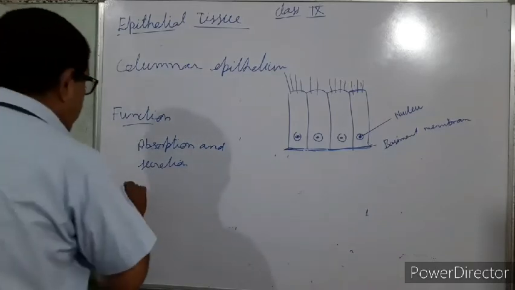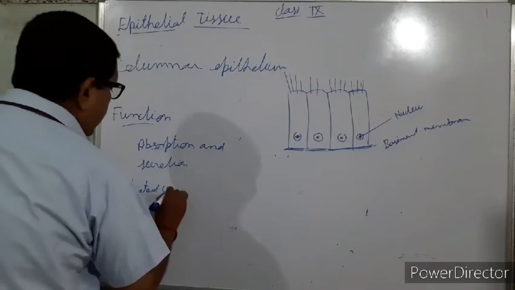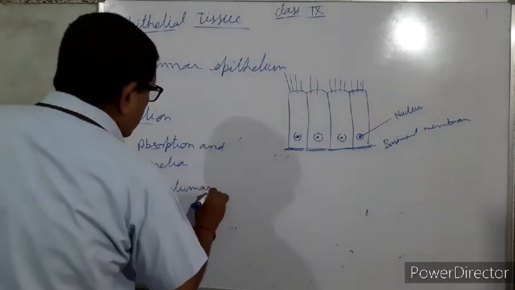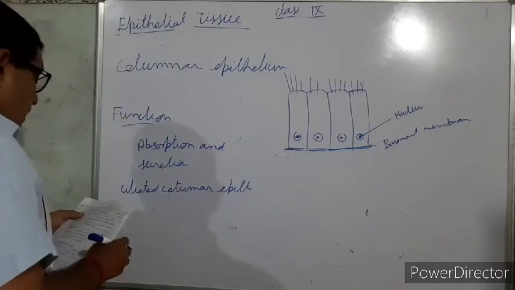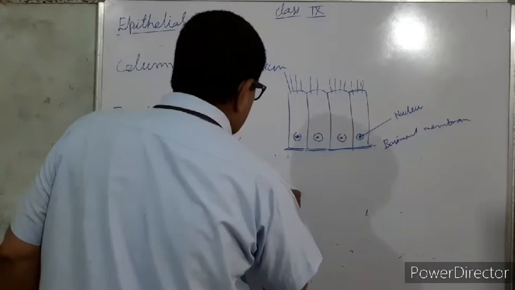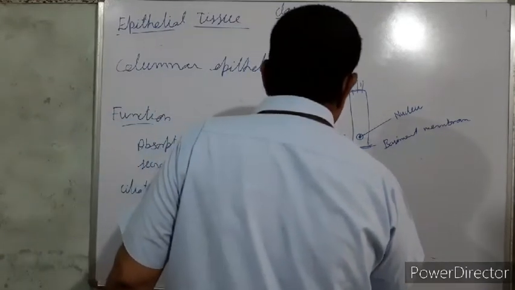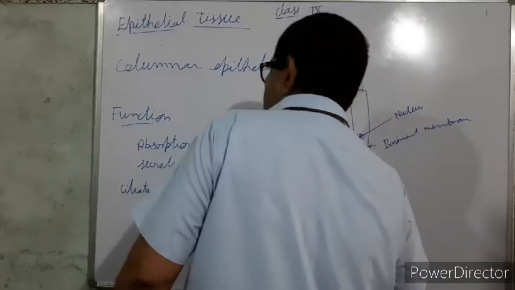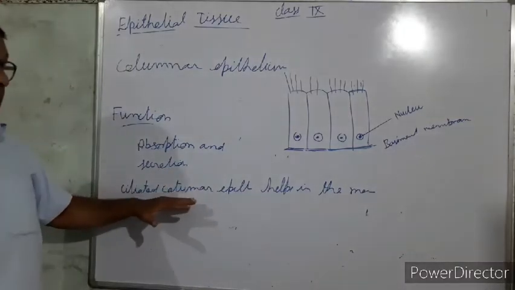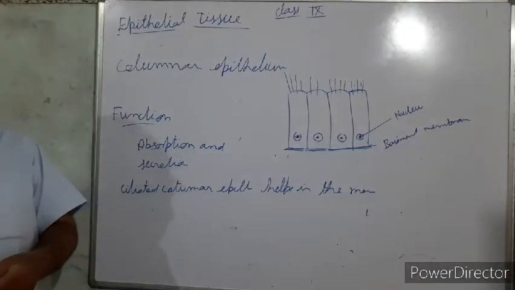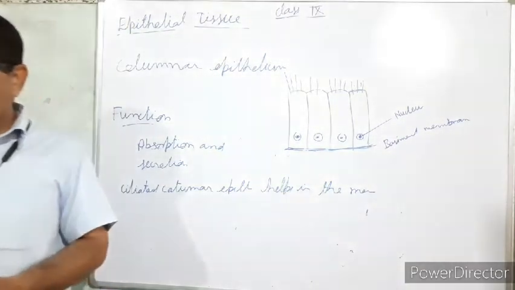And ciliated columnar epithelium helps in the movement of substances like mucus, etc.